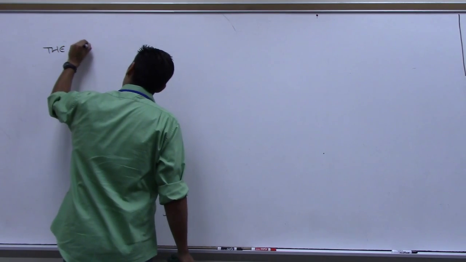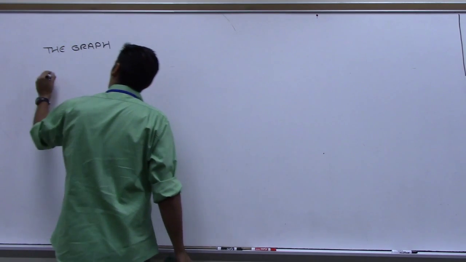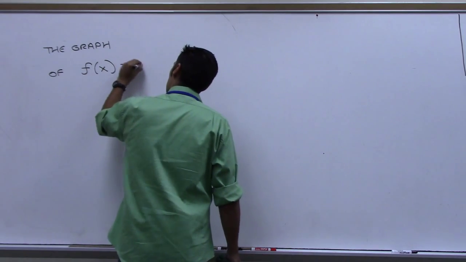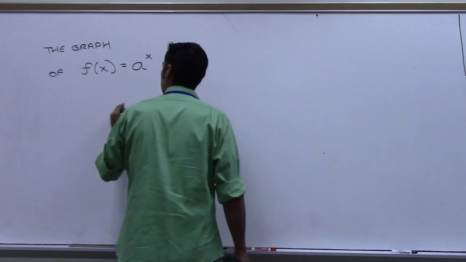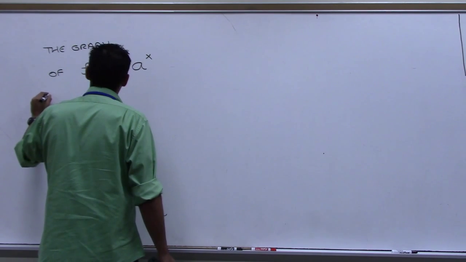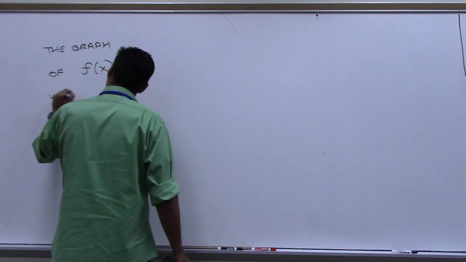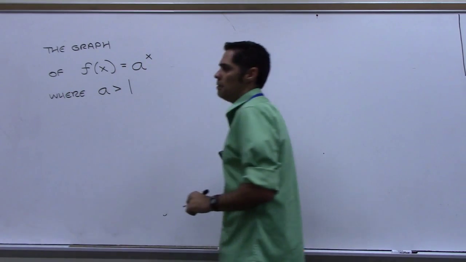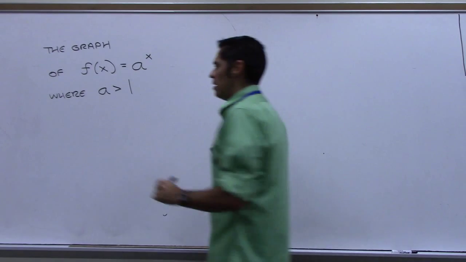The graph of f of x equals a to the x, where a is bigger than 1, looks like this.